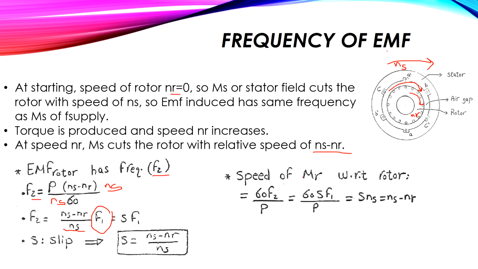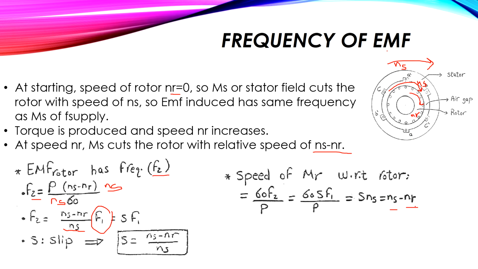So the speed of Mr, which is ns, with respect to the rotor is ns minus nr, since it has the speed of ns and the rotor has nr.